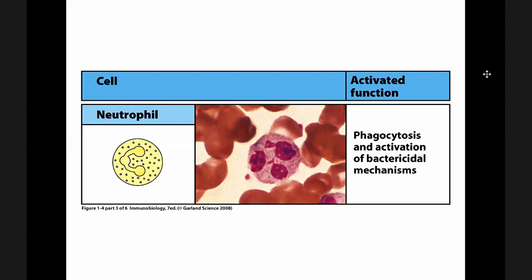These are called NETs, neutrophil extracellular traps. These are trap mechanisms for engulfing microbes if the DNA is released from these neutrophils.